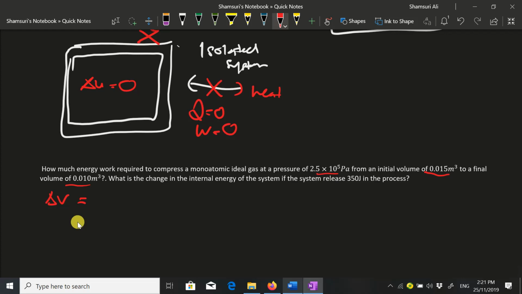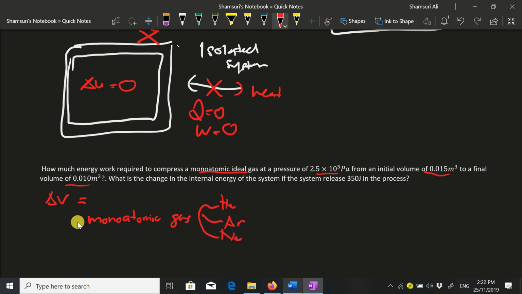First of all, we have to know what a monoatomic gas is. Monoatomic means the gas has a single atom. For example, we have helium, argon, or neon. This is monoatomic.